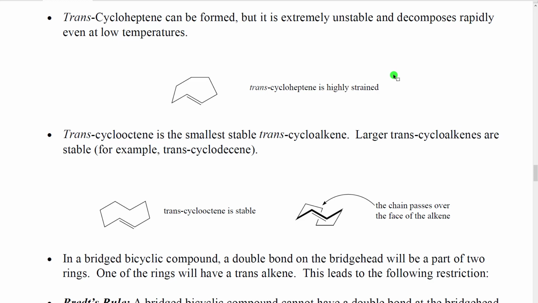However, that trans-cycloheptene is extremely unstable, and if they allowed that argon to warm up so that it melted and the trans-cycloheptene molecule could begin to move around and collide, it rapidly decomposed and reverted to a cis alkene.